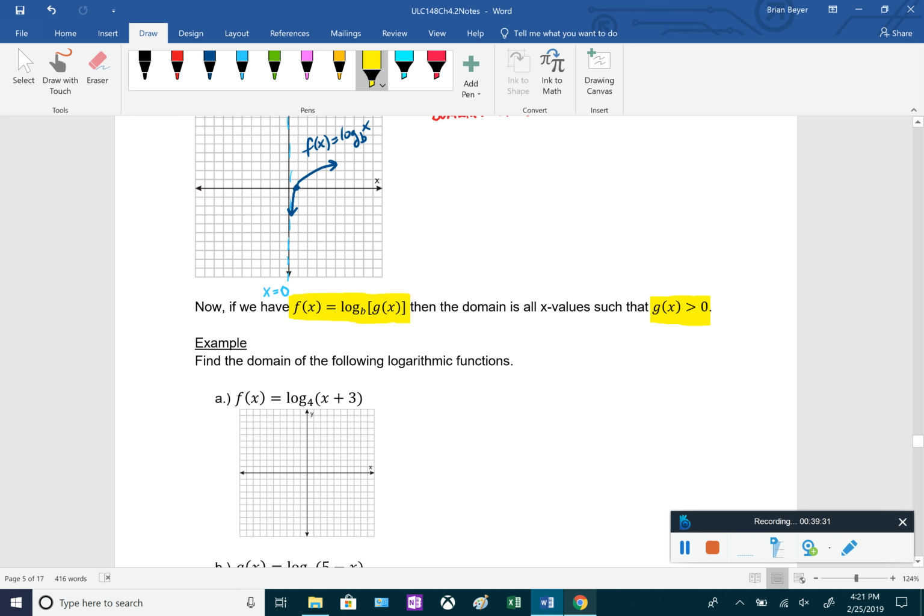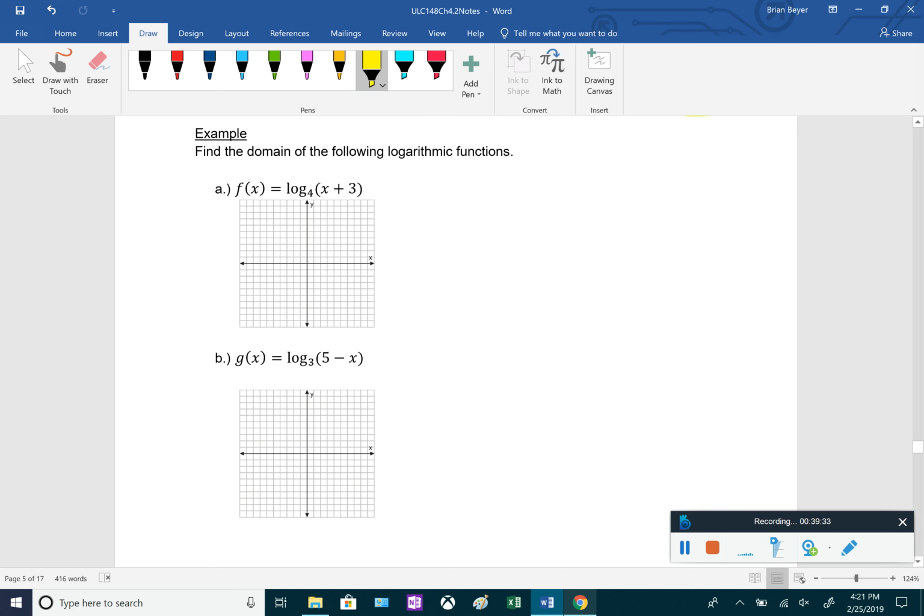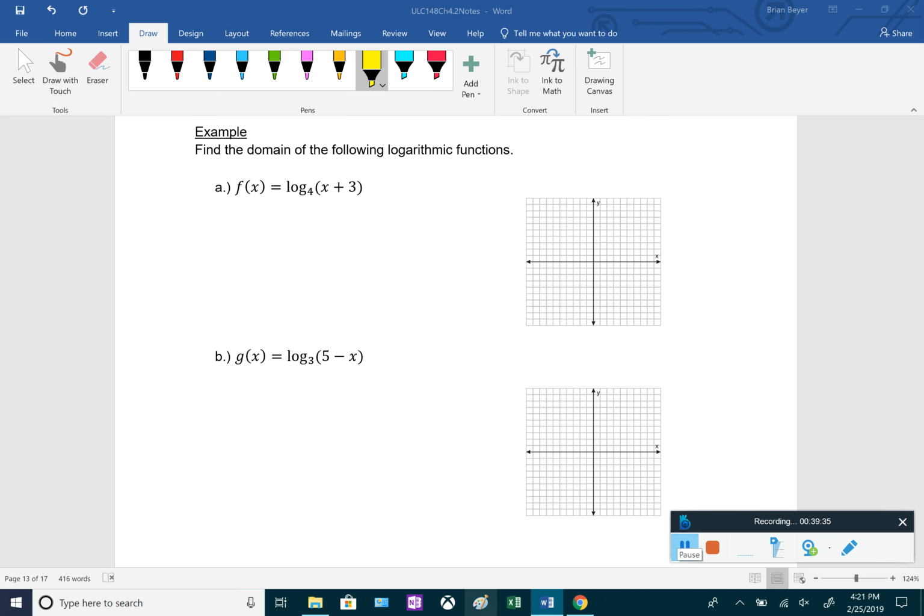Okay, so let's take a look at some of these examples here. Finding the domain of the following. The first one, f of x equals log base 4 of x plus 3. To find the domain, we are looking at this input right here. Logarithms cannot take on negative values for inputs.